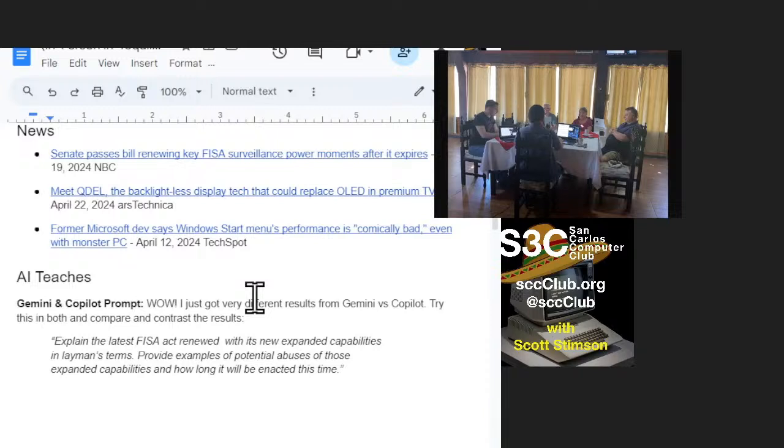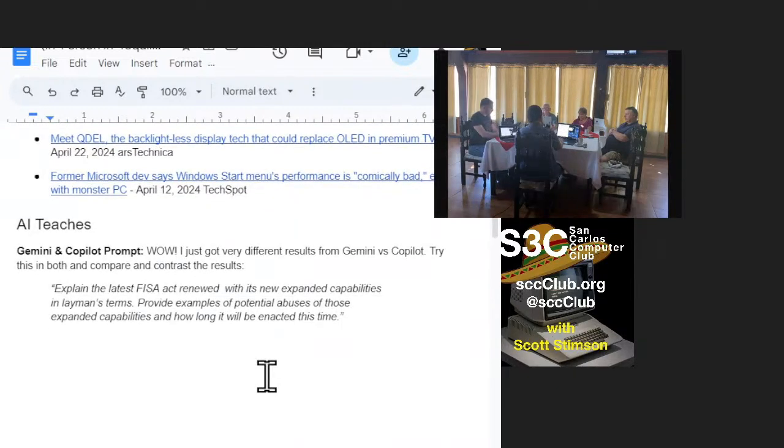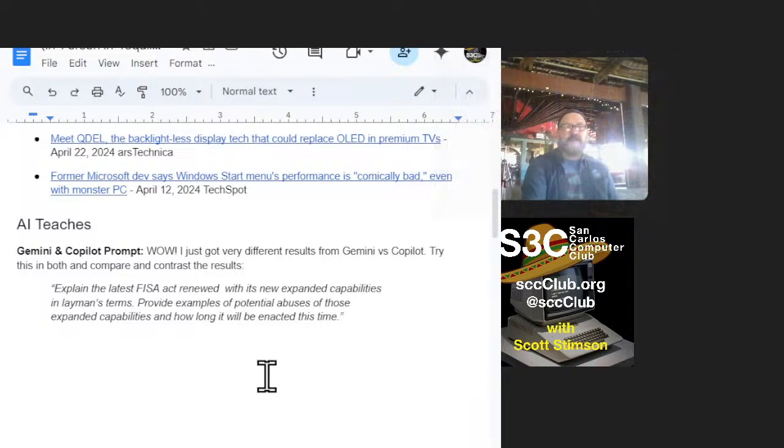Well, if you don't use the prompts, this is the second time I've provided you with a prompt that I thought was fascinating. But if you go to any of these, Copilot is free if you use it in the Edge browser. The Edge browser is available for Macintosh, for iOS, as well as Android and Windows. So you don't have to think that you can't get it because you've got some different framework you're working on.